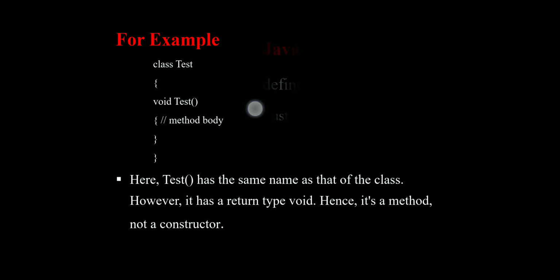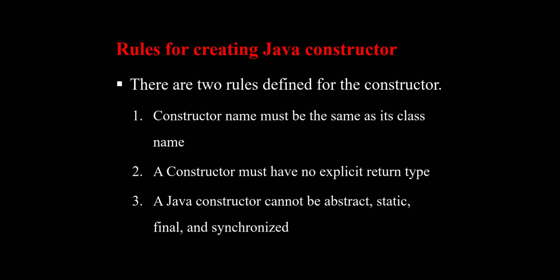Next we can see the rules for creating a Java constructor. Java provides some rules for creating Java constructors. Now we can see them one by one. First, the constructor name must be the same as its class name. I told you previously that the constructor name and the class name must be the same.